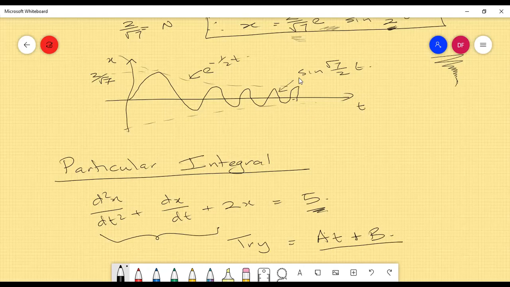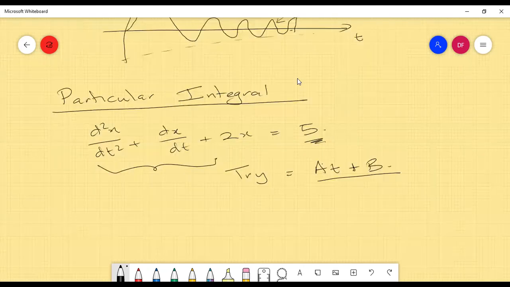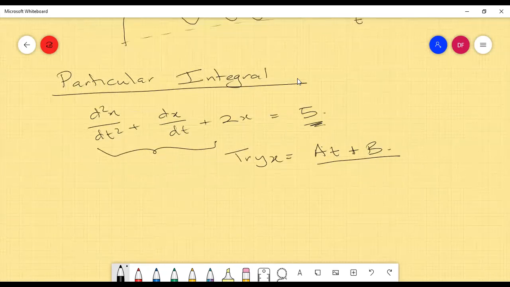So dx by dt is going to be equal to a, and when I differentiate it twice, I'm going to get 0. So I'm going to plug that in.